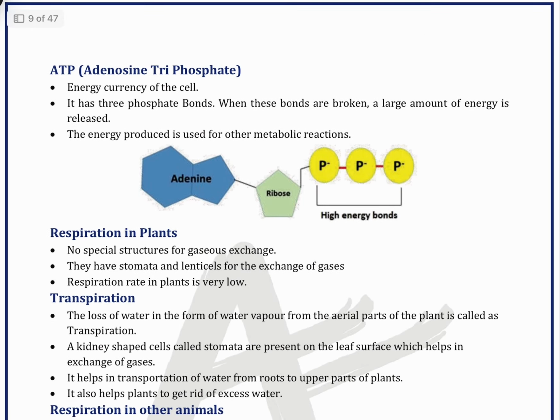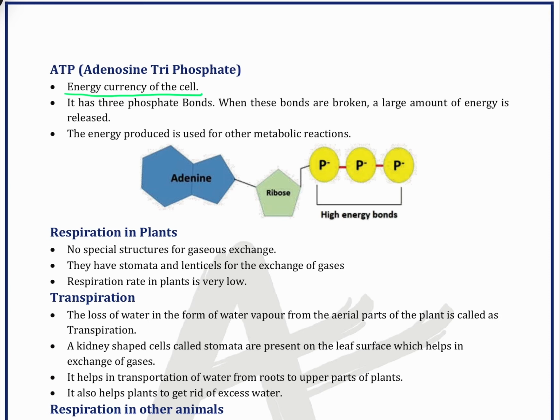Then ATP, adenosine triphosphate, the energy currency of the cell. Why is it called the energy currency? Because the energy produced in our body is stored in the mitochondria, which we have already discussed in 9th class.